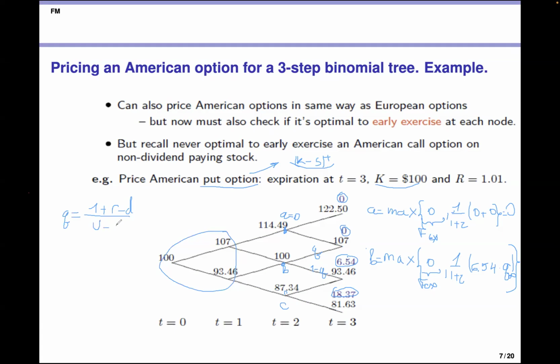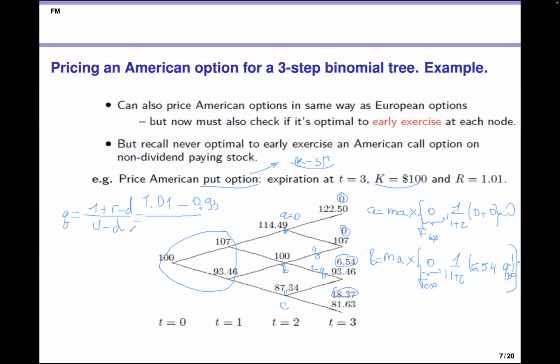And what do I need to write? 1 plus r, it is this, 1.01, and minus d. What is d? 0.93. No, more precisely 0.9346, but okay.